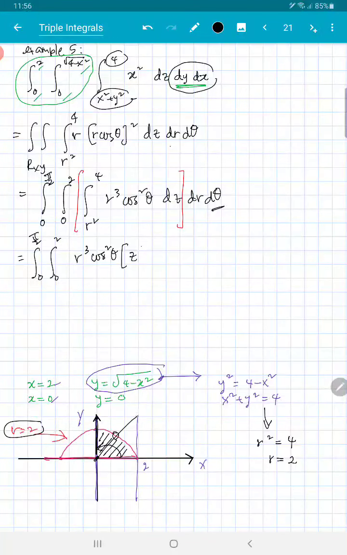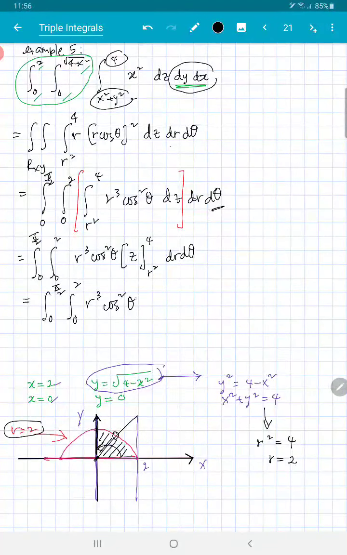So we have z here. Upper limit for z is 4, lower limit is r squared. Replacing z with upper and lower limits, then we get 4 minus r squared.